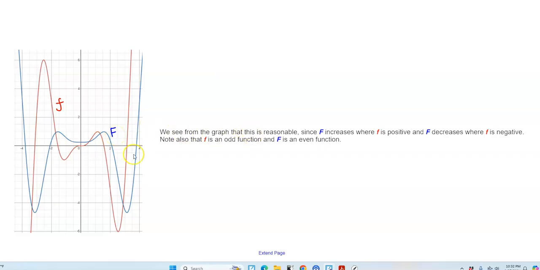So we see from the graph that this is reasonable because you can see that F is increasing where the original function is positive, and F also decreases when lowercase f is negative. And also note that the first function, lowercase f, is an odd function, and capital F is an even function.